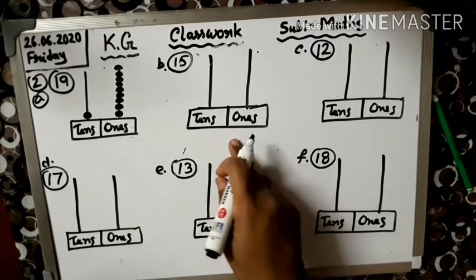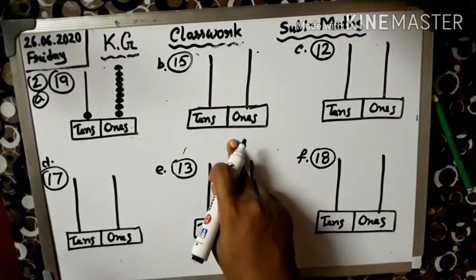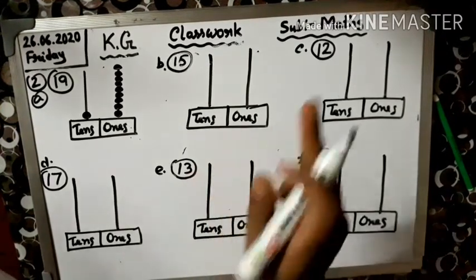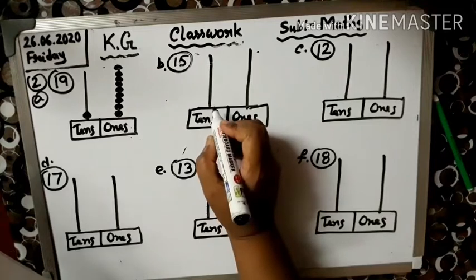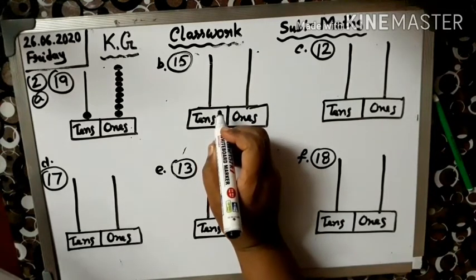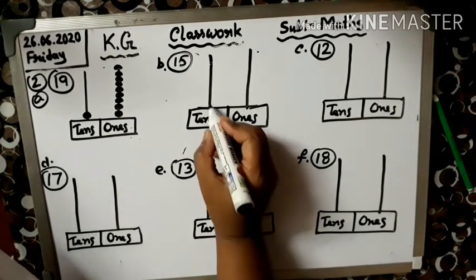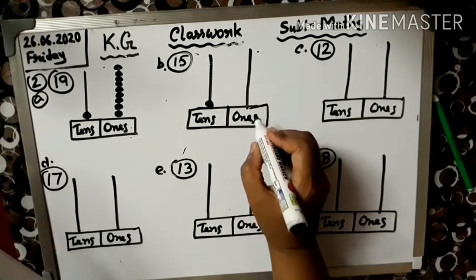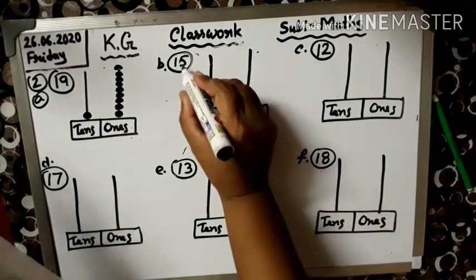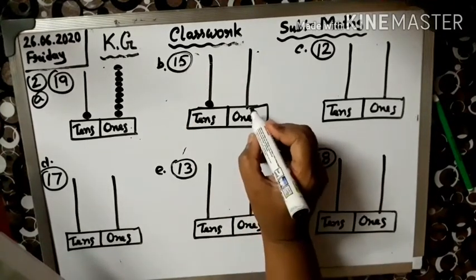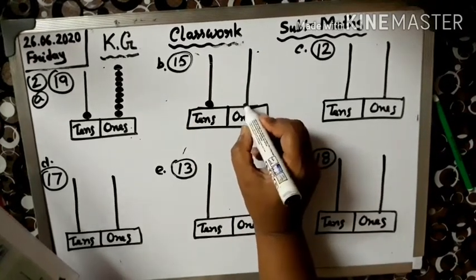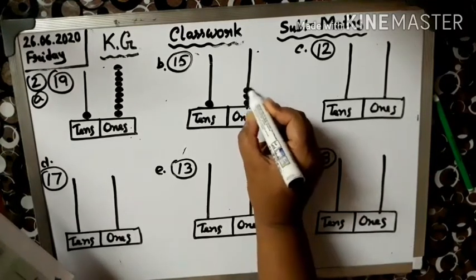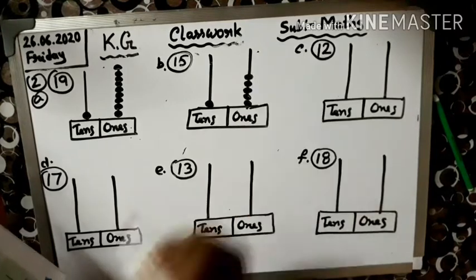Next, draw 1 bead on the tens spike and draw 5 beads on the 1 spike. 4, 5.